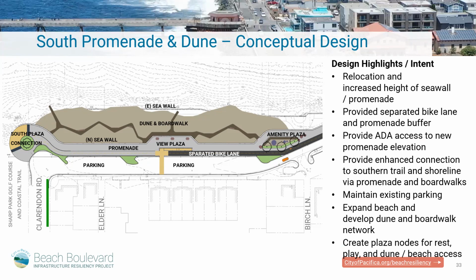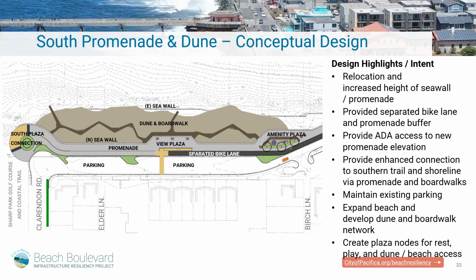The boardwalks would have opportunity for seating. They would have connections to get to the existing beach, just seaward of that seawall. And then also to note, as I brought up during the overall view, at Clarendon Road we have a current break in that existing seawall, so closing the gap, but also providing a connection to the coastal trail on the south end.